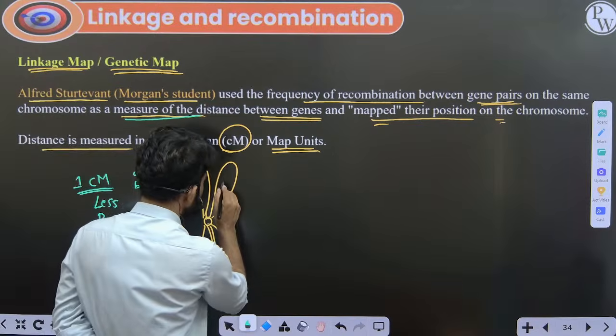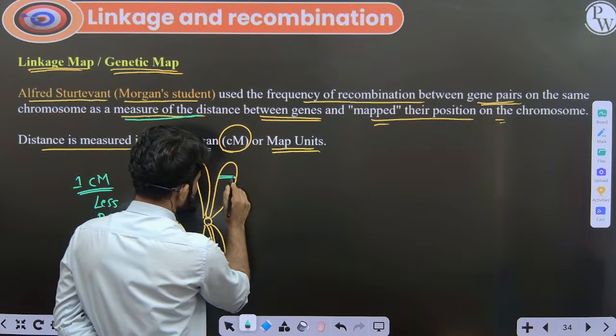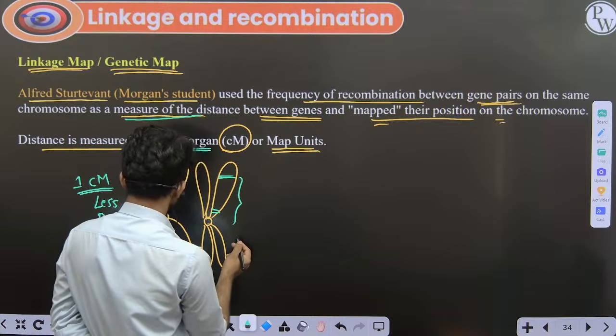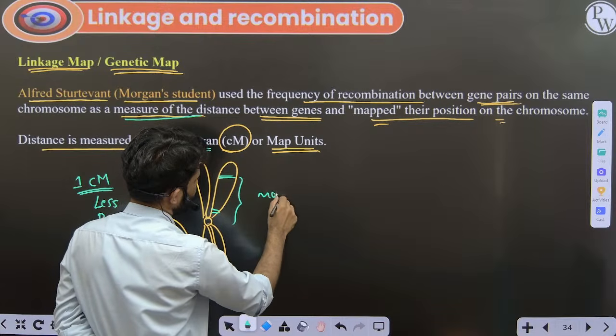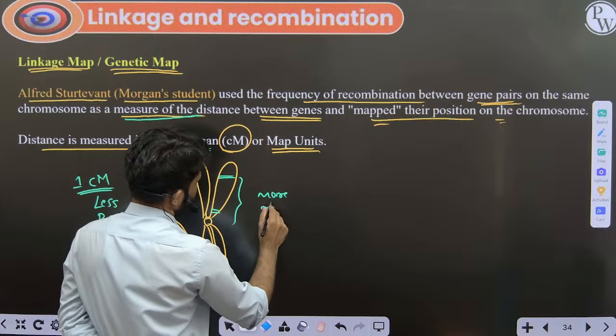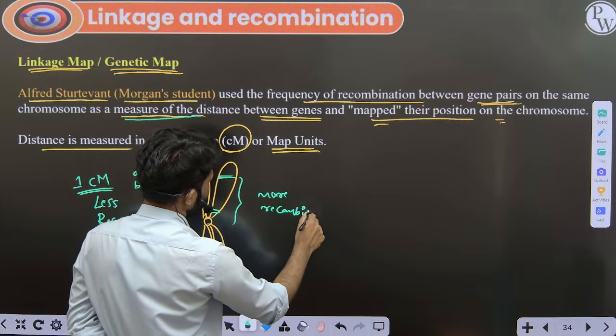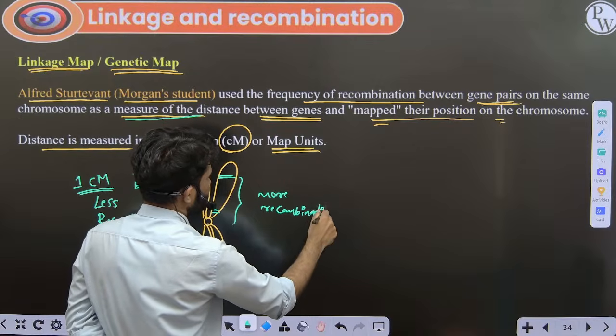If the frequency of recombination is more, the distance is higher.